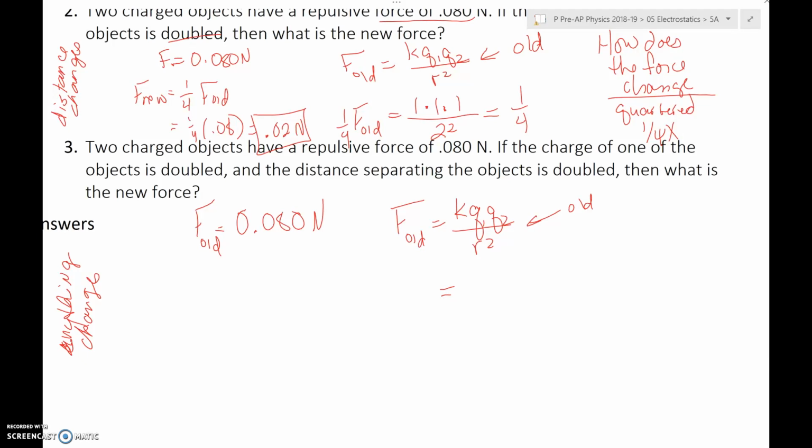If the charge of one of them is doubled and the distance is doubled, then what is the new force? So the constant never changes. We're going to double one of them. It doesn't say anything about the second charge, so it gets a 1. It tells us that the distance is doubled, and that's what we have.